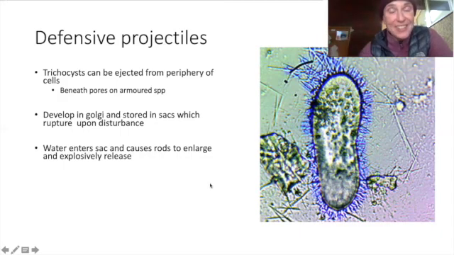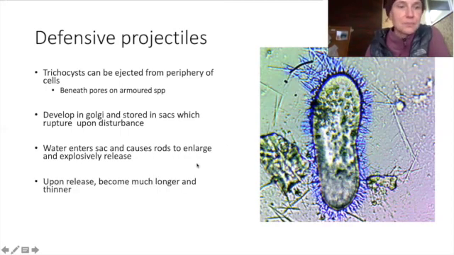As soon as water gets in there, they grow really fast. You know those little sponges you can get at the dollar store that are like dinosaurs? You put them in the bathtub and they just expand. Well, that's what happens to these trichocysts, and they explosively release from the organism. In the water, they become much longer and much thinner and much more harmful. Once they're in the Golgi inside the body before there's damage, they're really not that harmful to the organism.